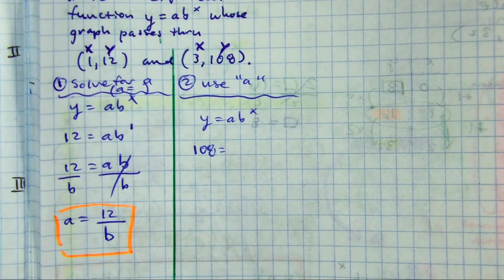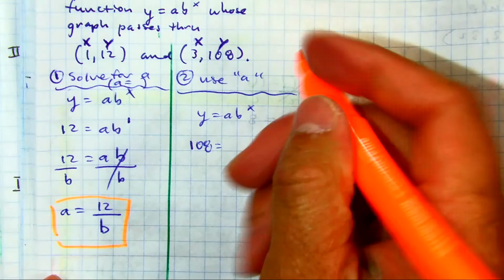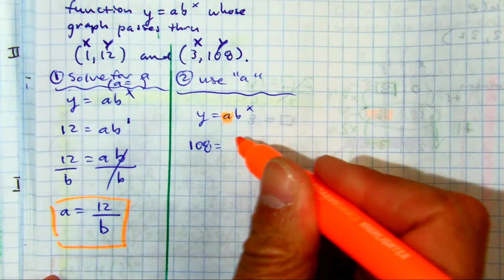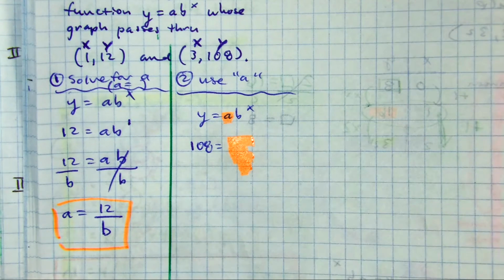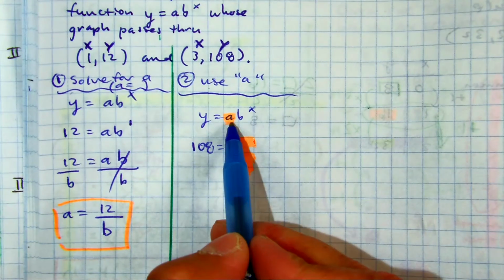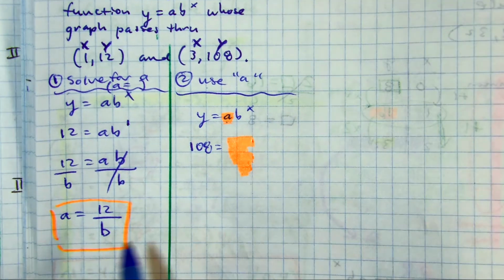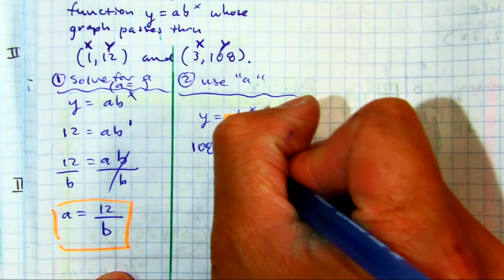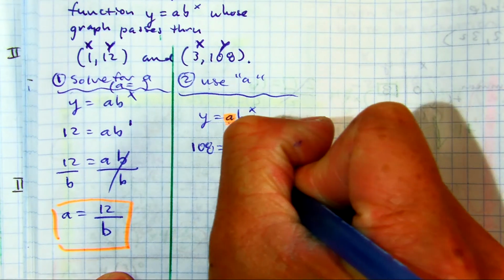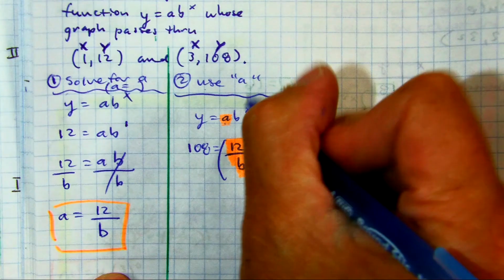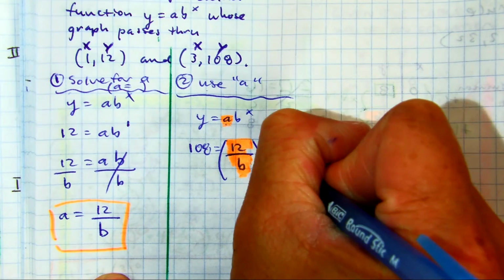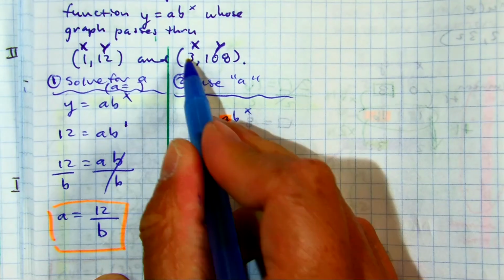Okay, here's the step we need. And now I'm going to plug in A. A is equal to what, class? 12 over B. And then I have this B here, and my x coordinate is 3.